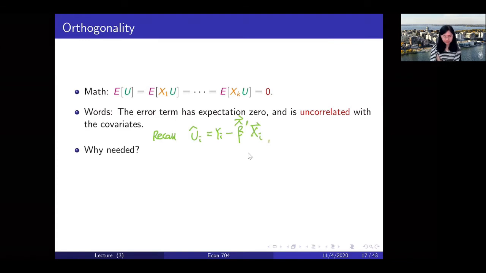The ordinary least square residual, automatically by definition satisfies that the sample average of it equals 0 and the sample correlation of it with any of the x also equals 0.